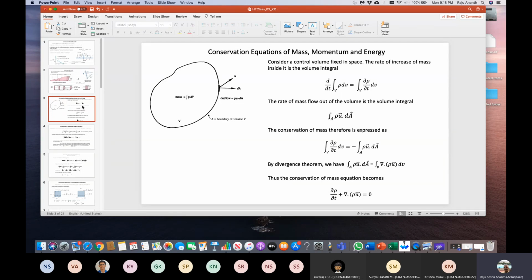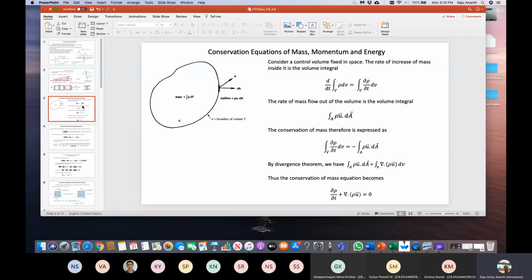I did that when I showed you in the first few classes about the divergence theorem. It translates any vector quantity, taken as an integral over a surface, to a volume integral by the divergence of that velocity vector.